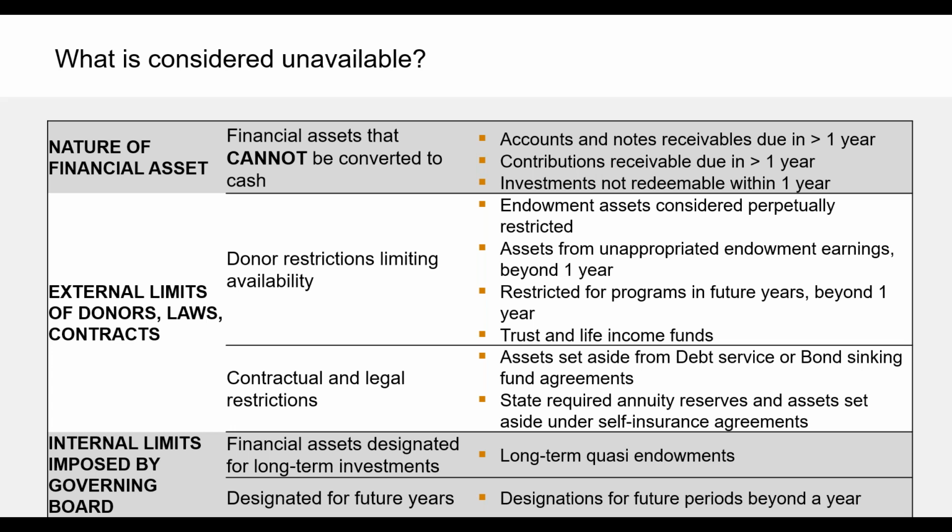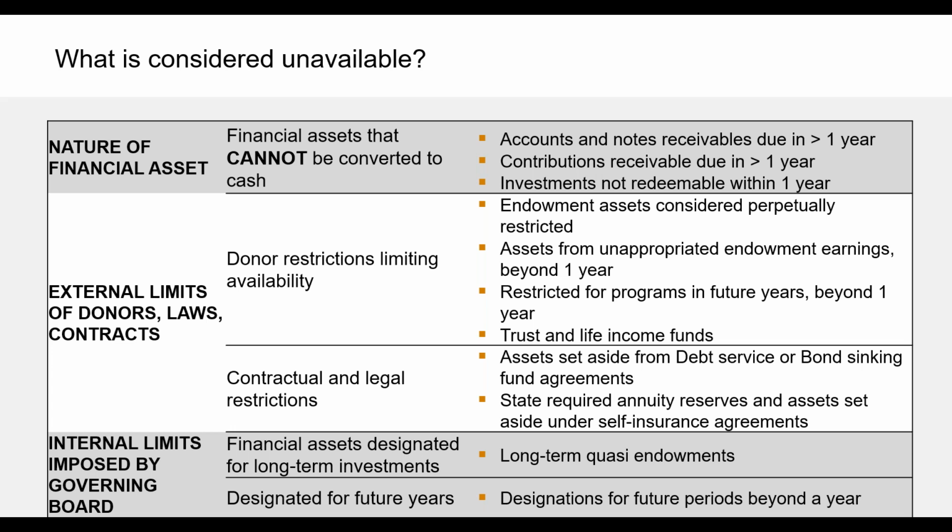The real three criteria to think about on the left side here is the nature of the financial asset, what external limits there are, donor-imposed laws or contractual external limitations on your financial assets, and then internal limitations. So those made by your governing board, designated net assets, maybe internal limitations based on your investment policy statement or your liquidity policy on how you've earmarked internal assets for use or long-term investment.